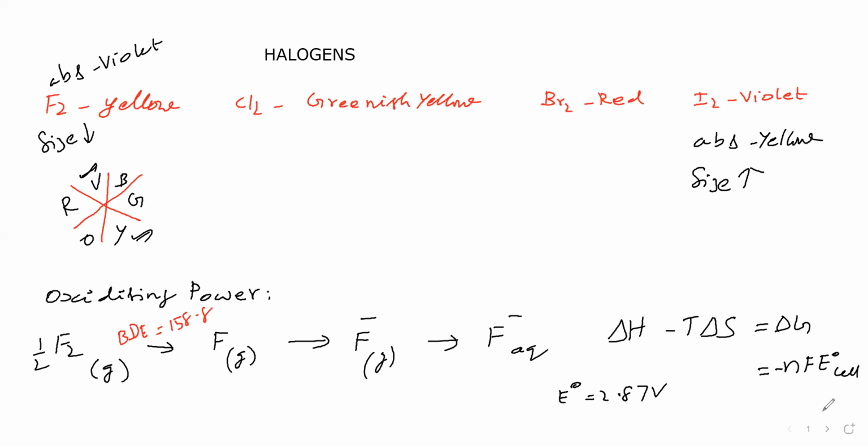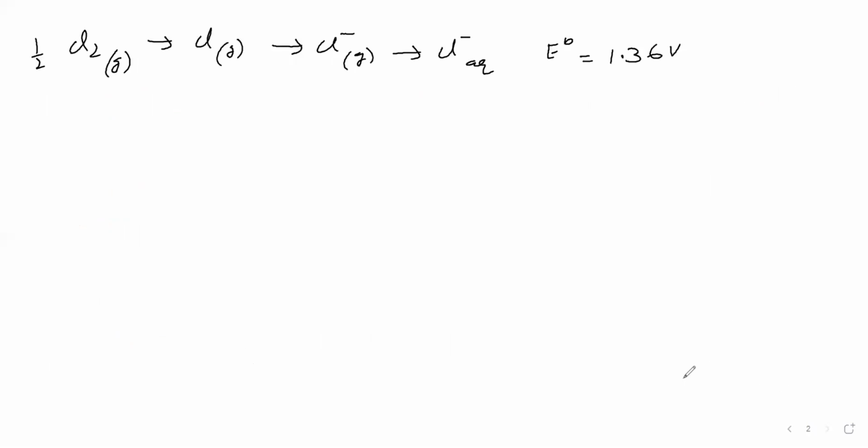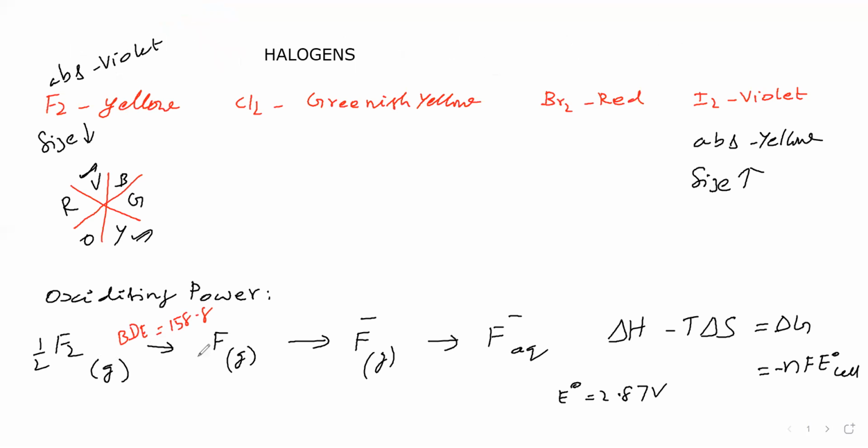For Cl2 it is 242.6 kilojoule per mole. Bond dissociation is endothermic. So the bond dissociation enthalpy of Cl2 is more, and for F2 it is less. So F2 dissociates more easily than Cl2. Therefore oxidizing power is more for fluorine compared to Cl2.